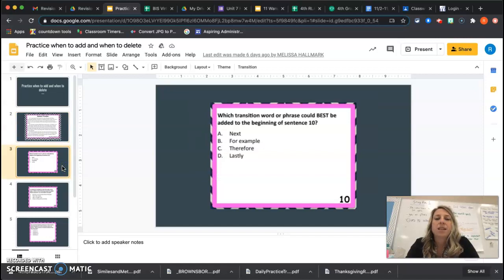All right, this question says, which transition word or phrase could best be added to the beginning of sentence 10? So you're going to go next, for example, therefore, or lastly. So let's go back to sentence 10.